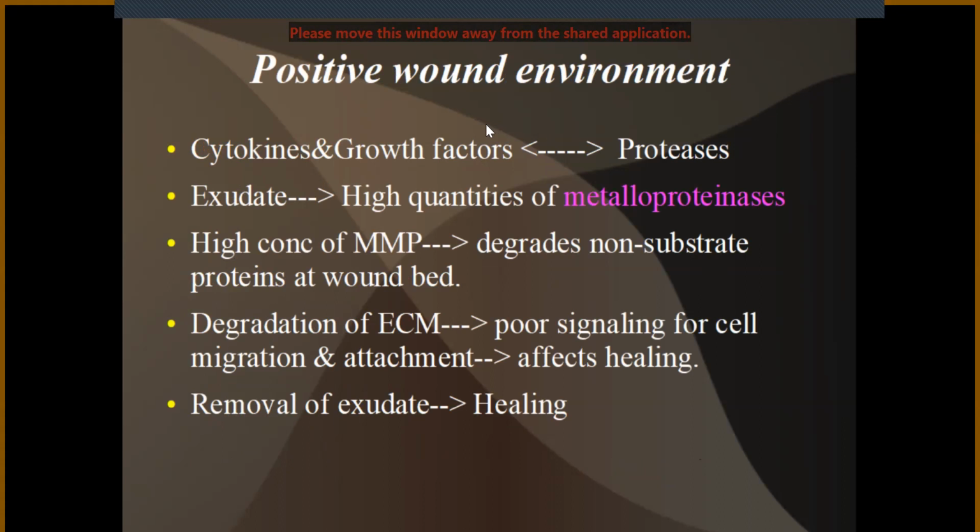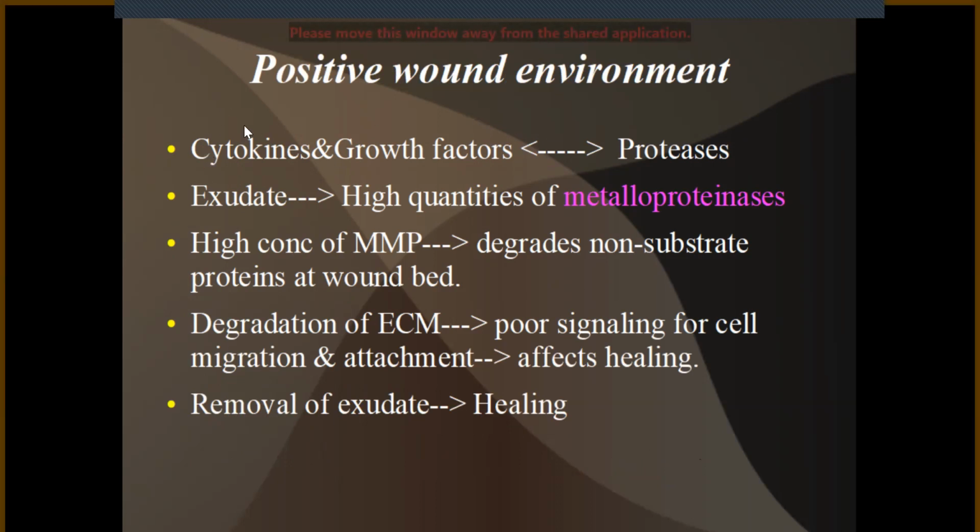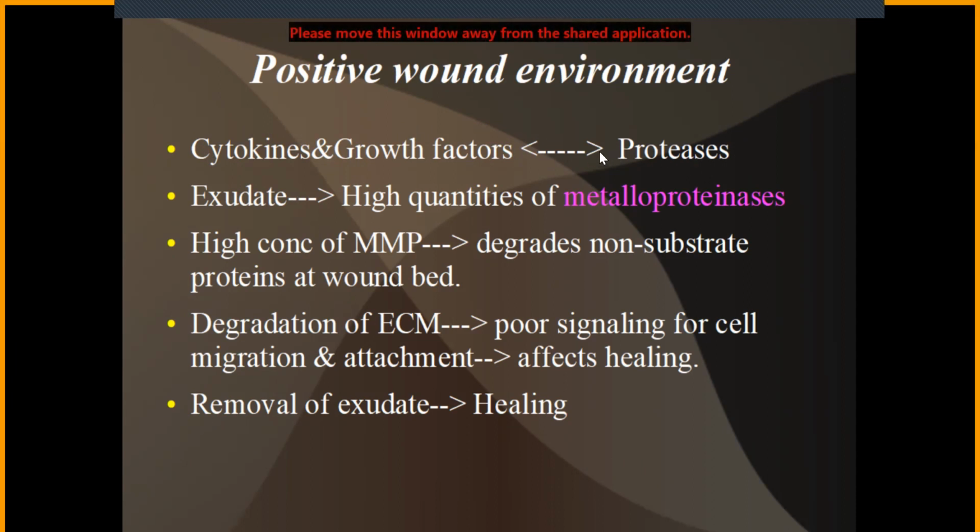Then negative pressure wound therapy gives a positive wound environment. What is the positive wound environment? When cytokines, growth factors, and proteases are in equilibrium, it is said to be a positive wound environment.